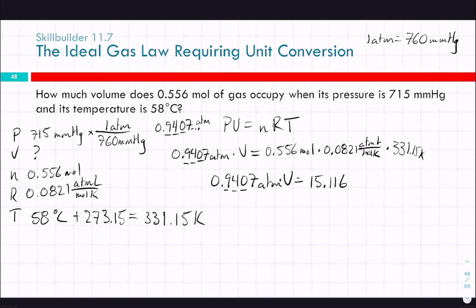And then again, we're multiplying by moles and Kelvin, so our units here are going to be atmosphere liters. And that should only retain 3 sig figs.